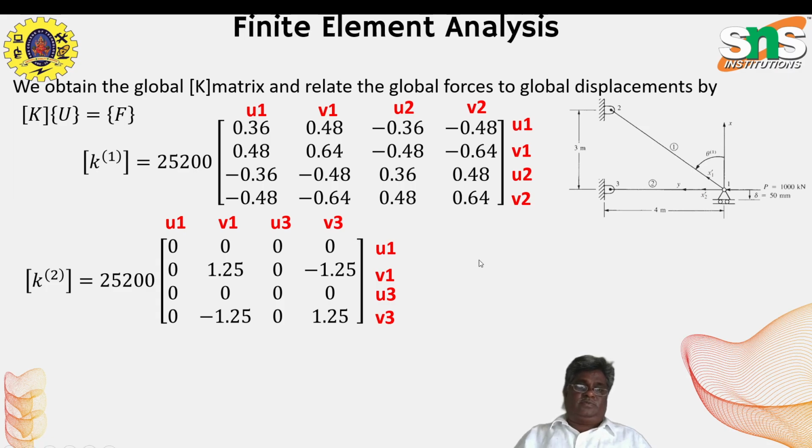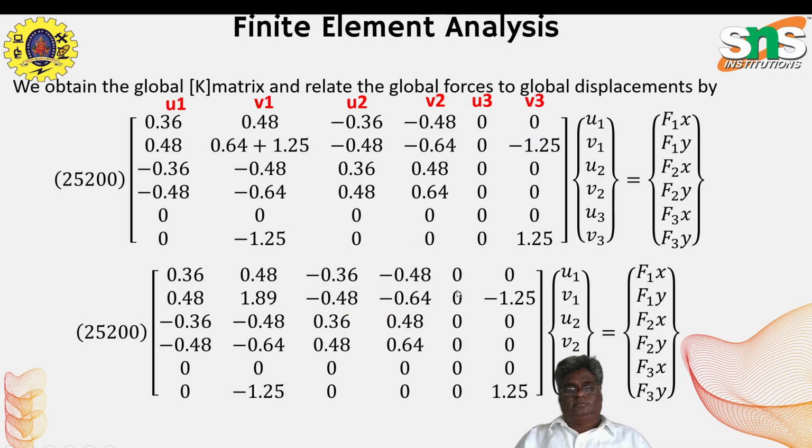The next step, we formulate the global stiffness matrix, adding the stiffness matrices of element 1 and 2. So we obtain the global matrix K, relating the global force to the global displacement.